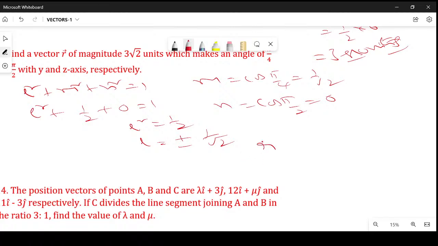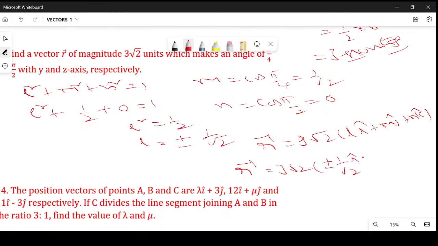The required vector r bar equals 3 root 2 into l i cap plus m j cap plus n k cap. This is a unit vector multiplied by 3 root 2, because the required magnitude is 3 root 2. So r bar equals 3 root 2 into plus or minus 1 by root 2 i cap plus 1 by root 2 j cap, and n value is 0, so plus 0 k cap.